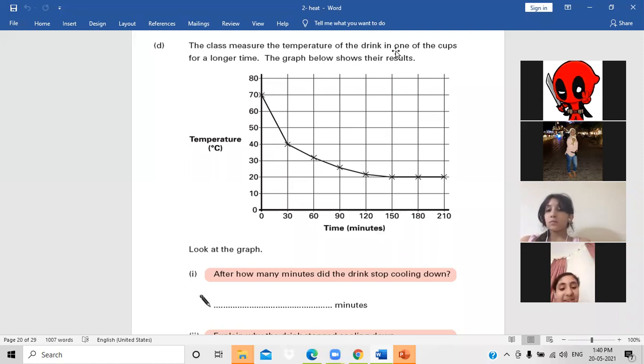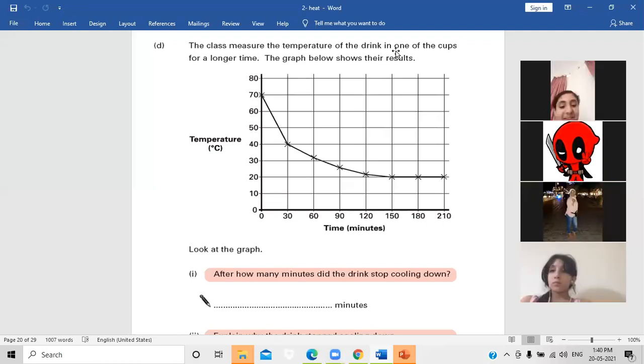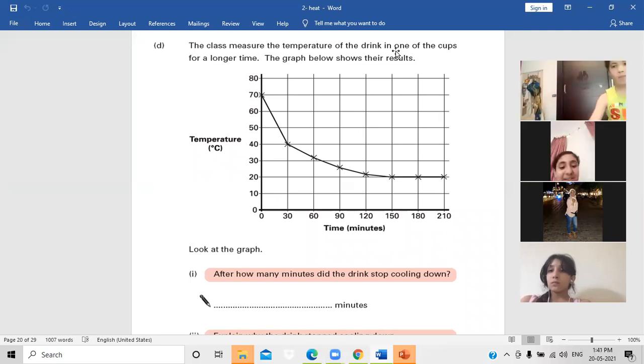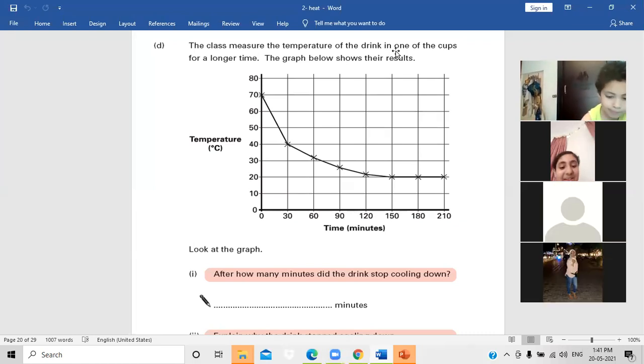Okay, my question is, according to this graph, what is the room temperature? Think about it, guys. According to this graph, what is the room temperature? When did the temperature stop cooling down?